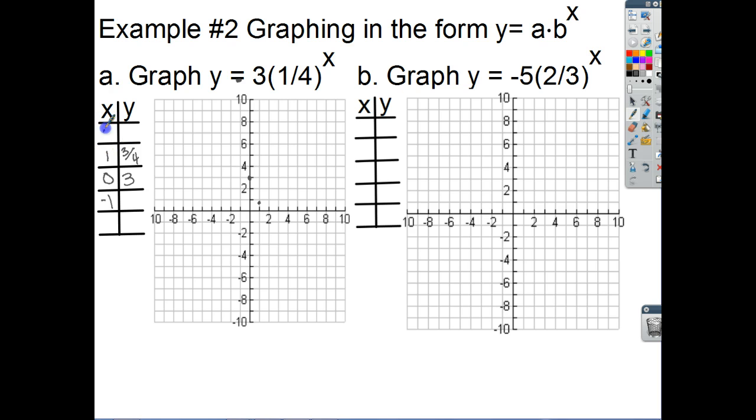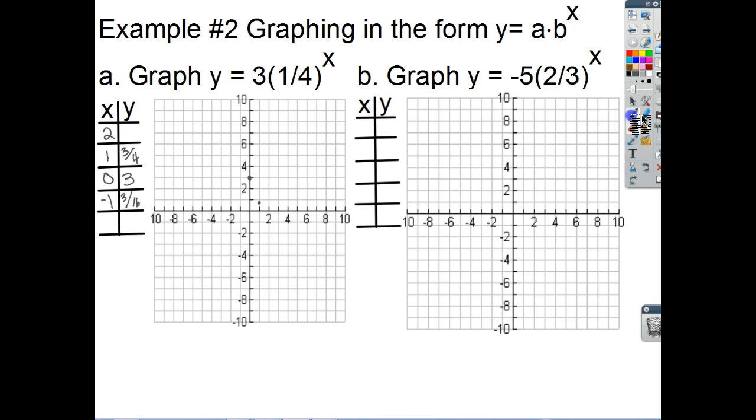Okay, let's go one more in this direction, 2. And if we put 2 in for x, 1/4 to the second power is 1/16, and that times 3 is 3/16, and we're getting really, really small there. At -1, I realize I put that in the wrong place now, didn't I?